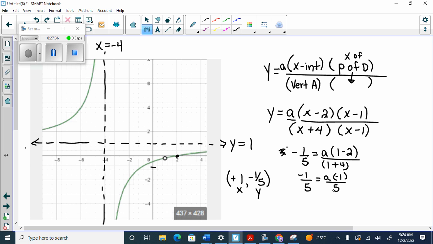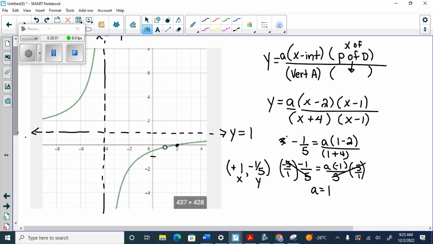So I'm technically going to multiply by -5 over 1, right? And 99% of the time, my a is 1. And it was useless for me to look for it. But there's that 1% that they can make your a not be 1. So you hope that if you forget about the a that it's 1. But it's not always 1. So our actual equation for this would be y equals a times (x minus 2)(x minus 1) over (x plus 4)(x minus 1).